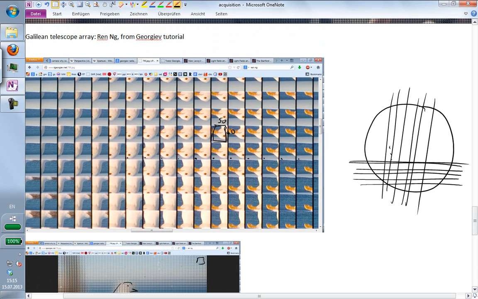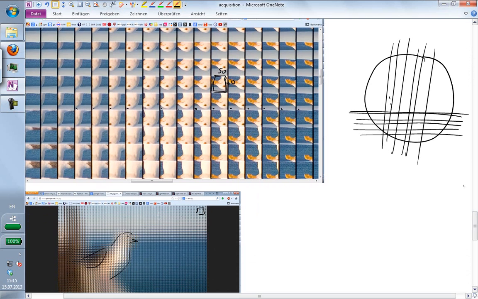I hope you can imagine that if I do that for all of these images, I will eventually assemble a complete image. All of these pixels taken together can be assembled into an image.